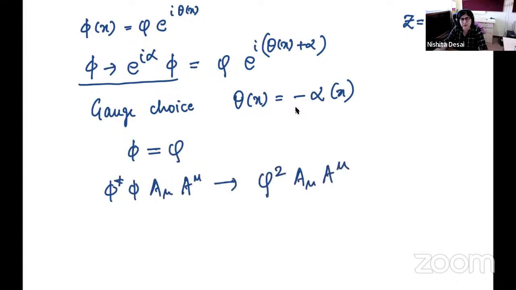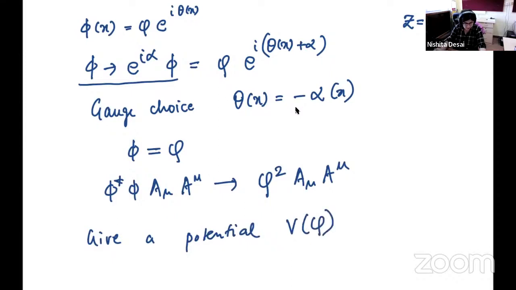So when I was talking about giving a potential for this phi, since we've gotten rid of the exponent part, we can essentially give a potential only to the radial part. This is the common potential that is chosen.